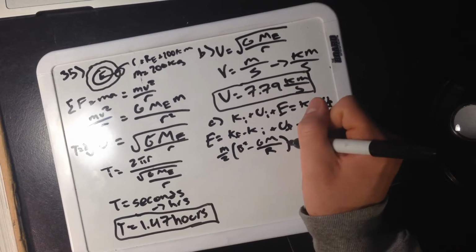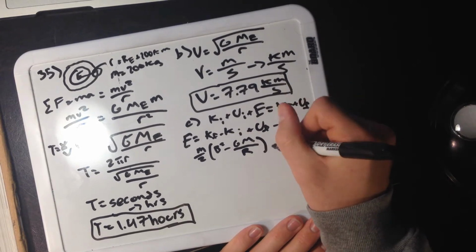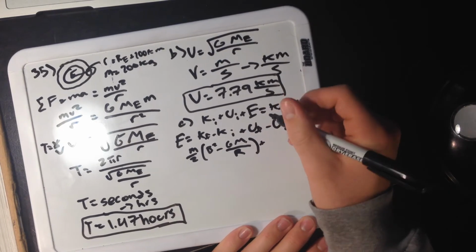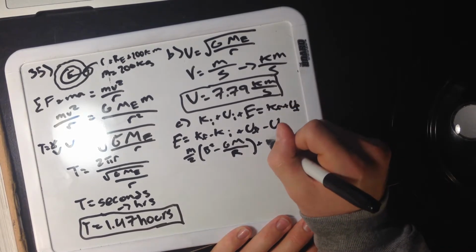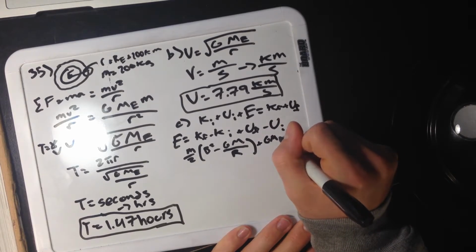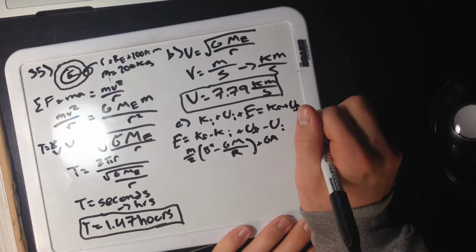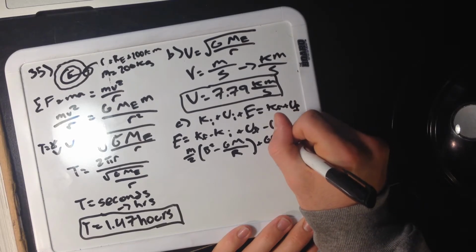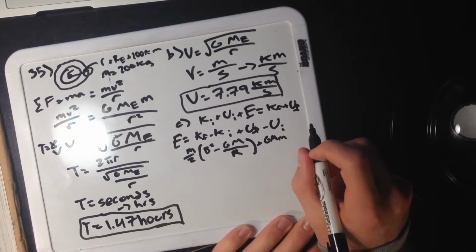And then this gets tricky with negatives, but you know from your equations that the potential energy due to gravity is constant G, big M, times little m, and little m is our 200 kilograms from earlier.